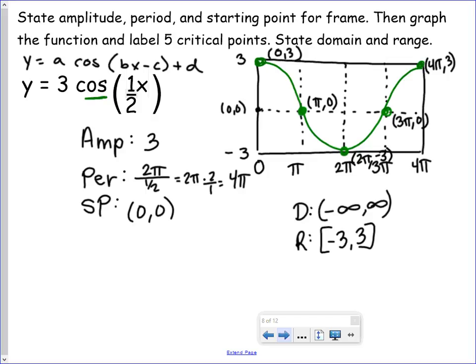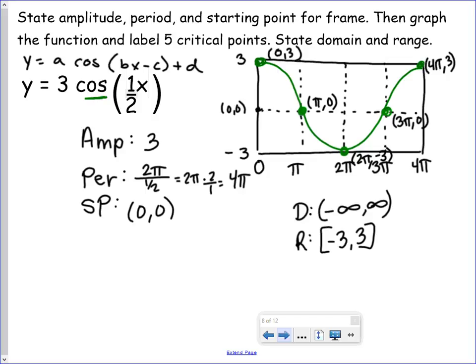The other thing that changed was the period. The period is no longer 2 pi. The period is now 4 pi. So are the waves stretched or shrunk? Stretched out, right? The waves are more gradual, going higher and lower. Okay, so it takes longer for the period to happen. So we're not really going to see that part of it because ours are always going to be in this nice tidy box that we label. Okay, but it's something to think about.